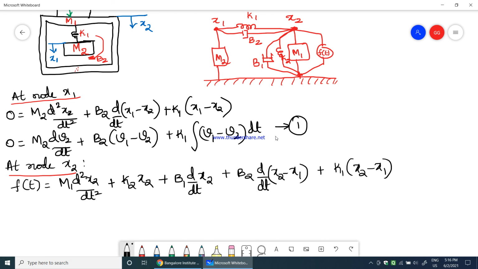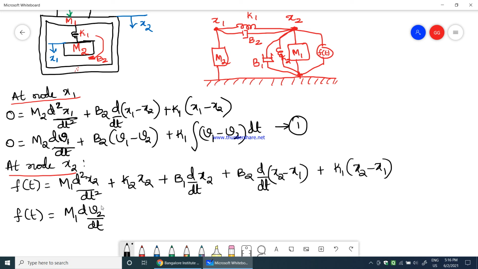So if I write this equation in terms of velocity, therefore f of t equals m1 into dv2 by dt. Oh, sorry, I think this was all x1, right? I made a mistake here. This is x1, we wrote at x1 by dt square, therefore this becomes v1.